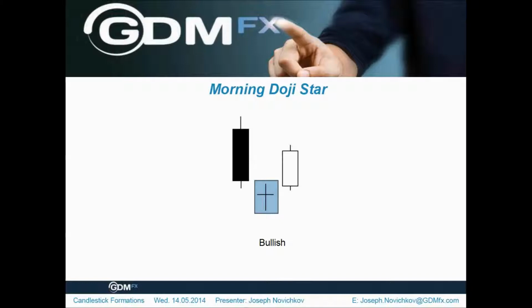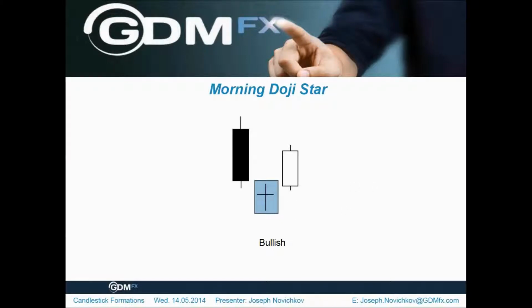As we mentioned in the beginning, dojis are those types of candlestick lines where the opening and the closing are one and the same price, regardless of the upper and the lower shadow. In this particular moment, we have a neutral doji, with small shadows up and down.